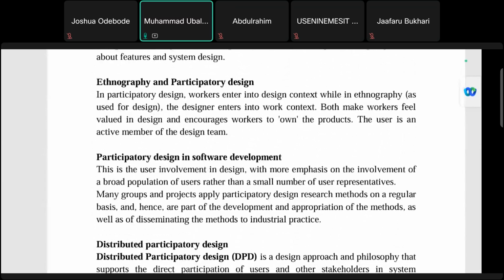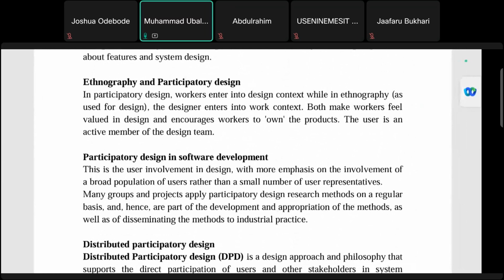Now let's look at ethnography as participatory design. Now in ethnography, we say that ethnography designers be developed, and then it will be given to the user to use, so that a designer or a researcher would actually sit and observe how the users engage with the system.